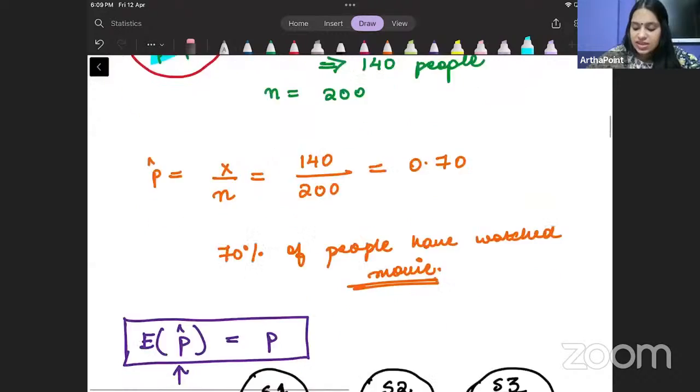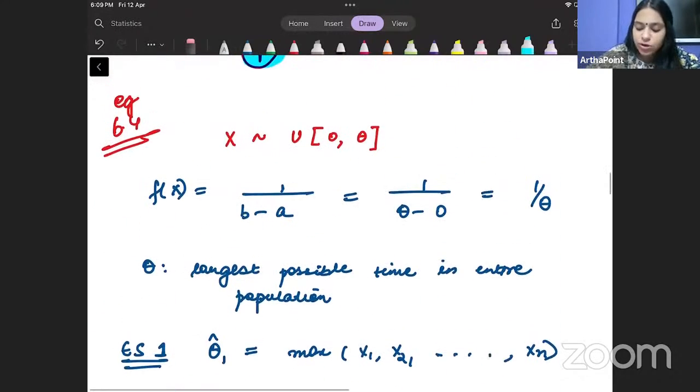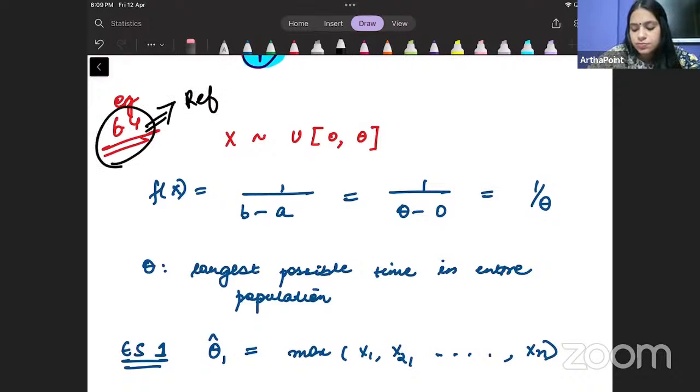Okay, beta, let's take an example now. So this is example number 6.4 of Devore, in case you want to refer back to the book also. So the reference is 6.4 Devore. This is an excellent example, a very important example.